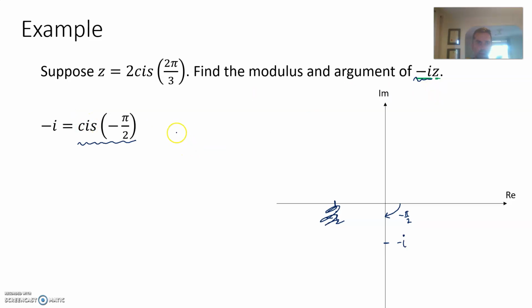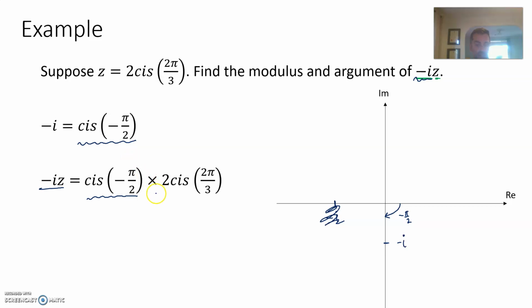Since we're multiplying z by that, negative i times z is just the cis of negative pi on 2, multiplied by our value for z. Because we know the rule for multiplying complex numbers in polar form, we just multiply together the two moduli.